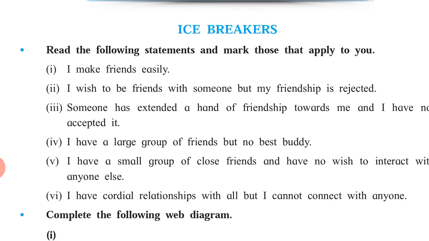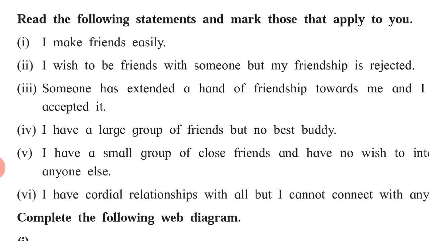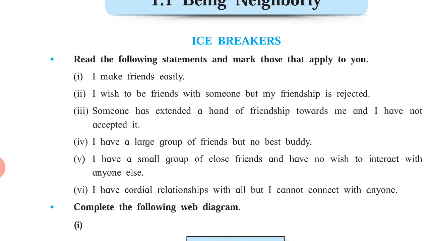Next one, I wish to be friends with someone, but my friendship is rejected. Does it apply to you? If yes, you can tick. If not, go forward. Someone has extended a hand of friendship towards me and I have not accepted it.